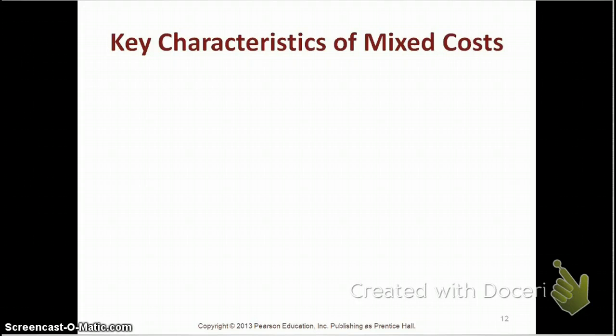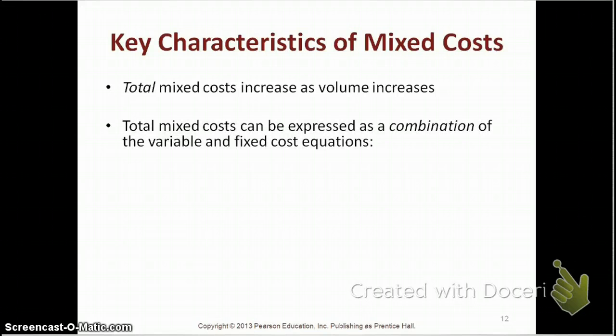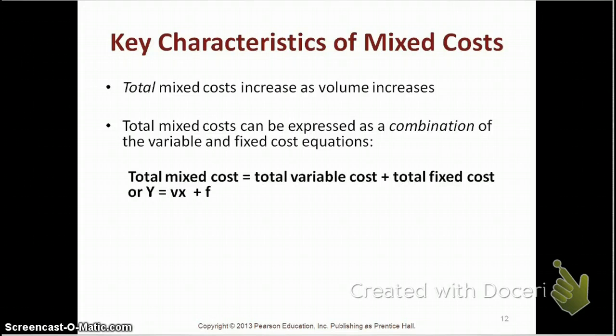Next, let's take a look at the key characteristics of mixed cost. What is a mixed cost? A mixed cost is simply a combination of fixed and variable costs. So let's take a look at how these costs behave. Total mixed costs increase as volume increases. And because mixed costs are a combination of fixed and variable costs, we can create an equation that uses the combination of fixed and variable cost equations.